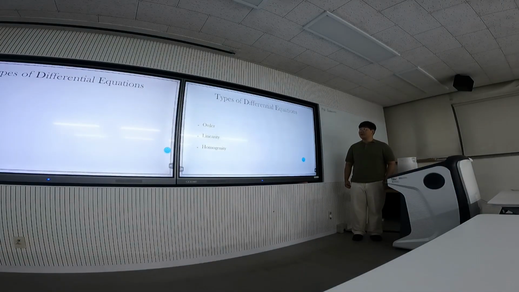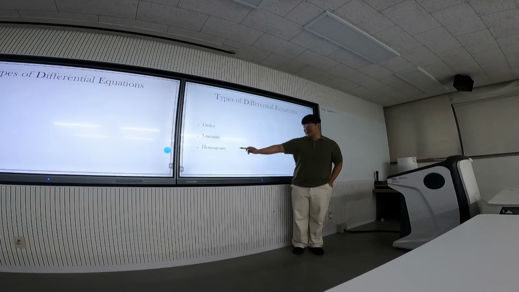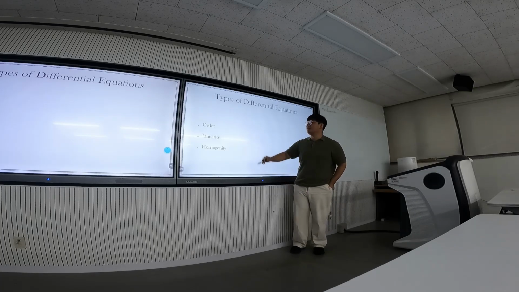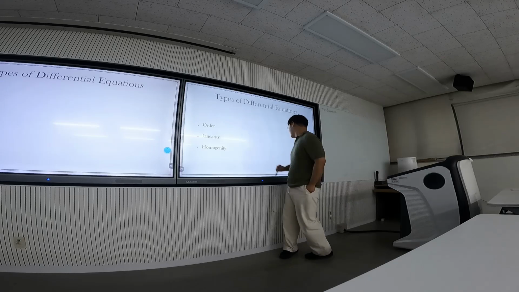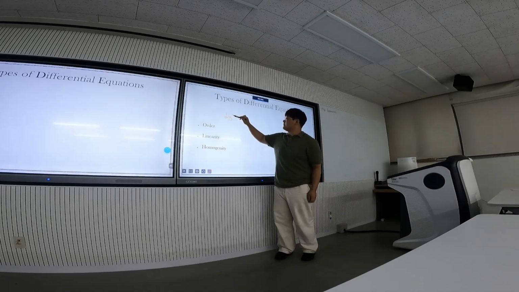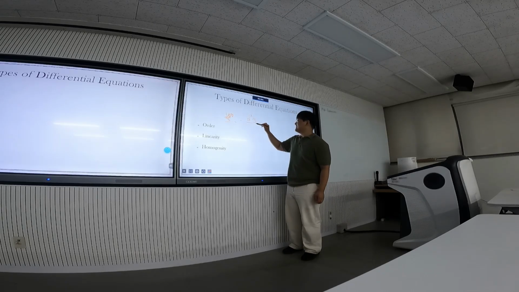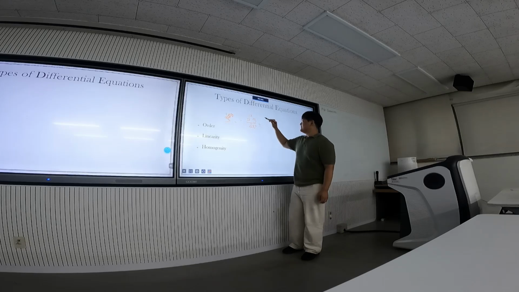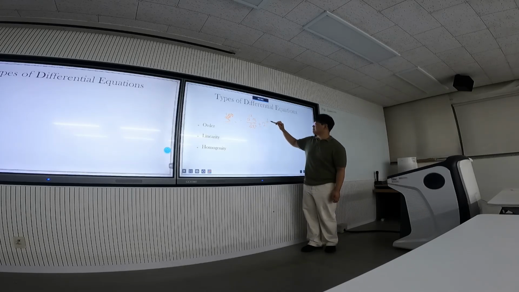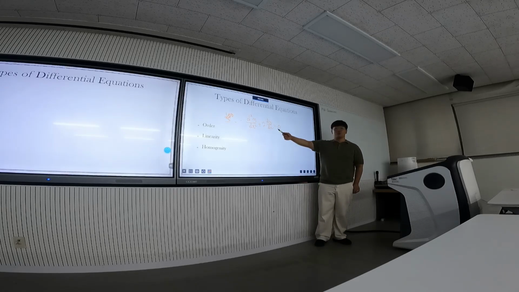Okay, so we're going to review what you learned in the last lesson. We learned about order, linearity and homogeneity. So let's review. Can you tell the order of this equation?